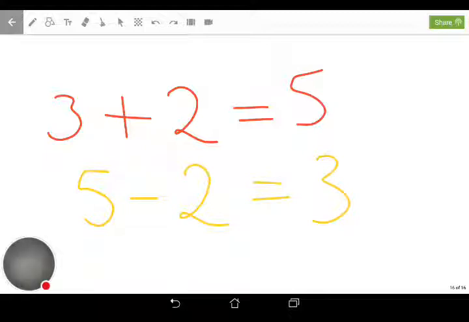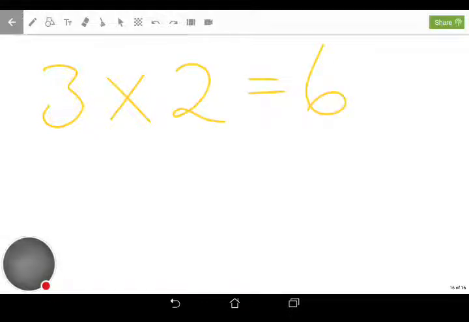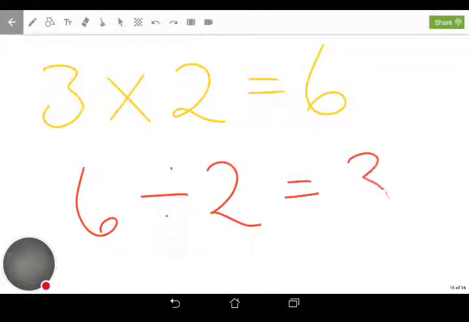So the opposite of addition will always be subtraction, and likewise it will be the same with multiplication and division. So let's just have a look. 3 times 2 is 6. 6 divided by 2 is 3.